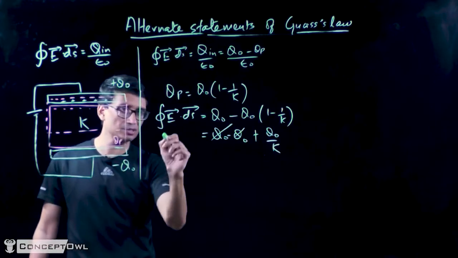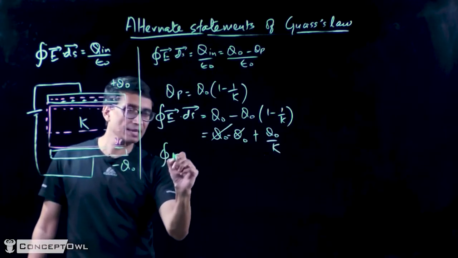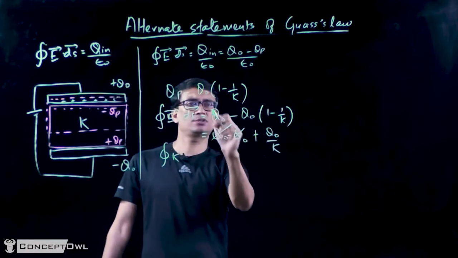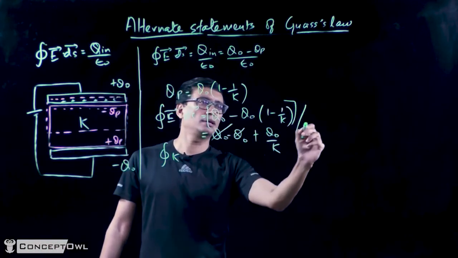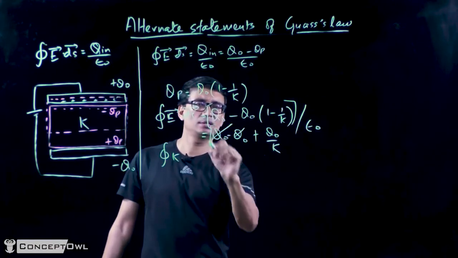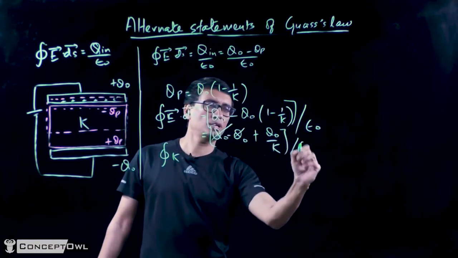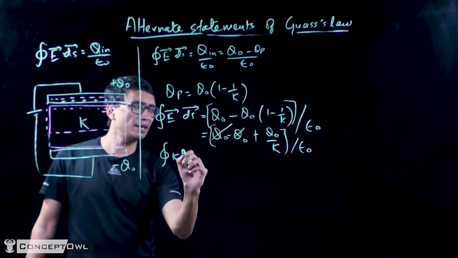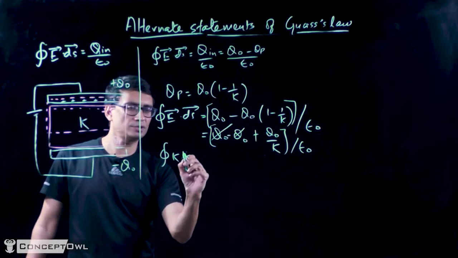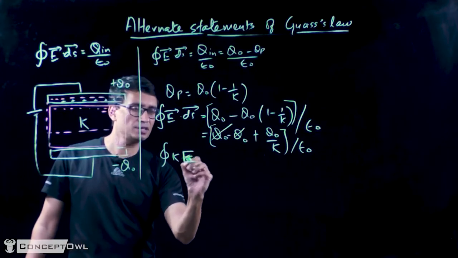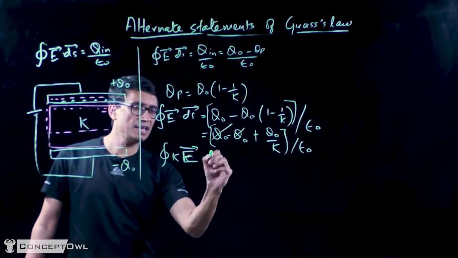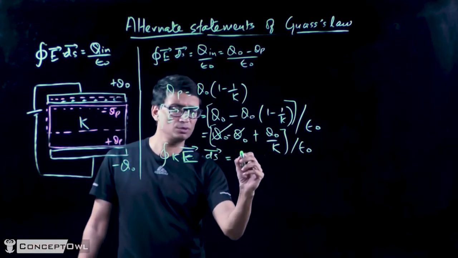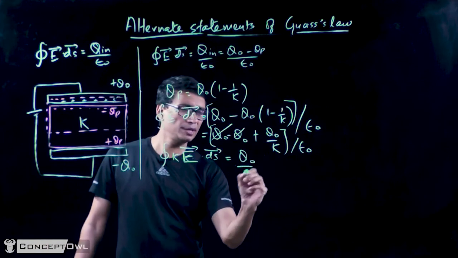Therefore I can write this as the integral of K E dot ds equal to Q naught upon epsilon naught.